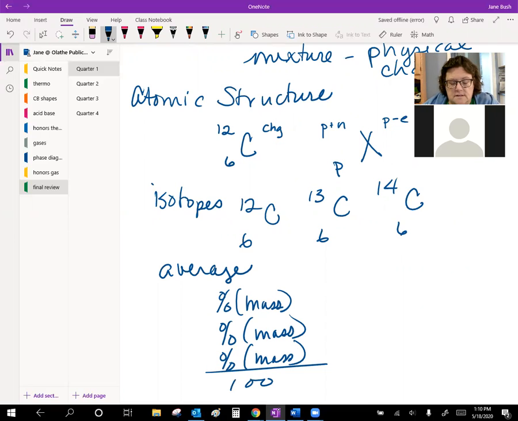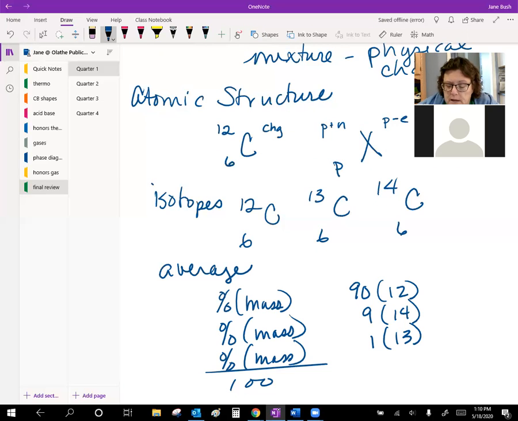For instance, I should have had an example. Let's say that this is totally made up. Carbon 12 is 90%, so you would take 90% times 12. Carbon 14 is 9%, so you would take 9 times 14, and carbon 13 is 1%.